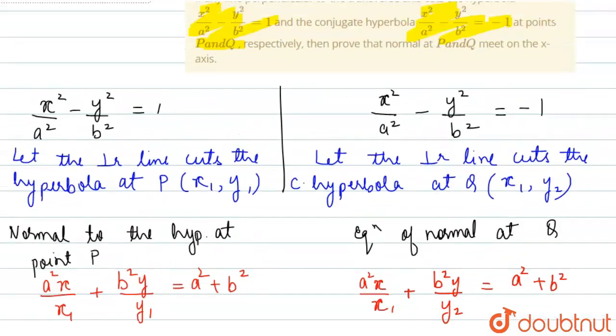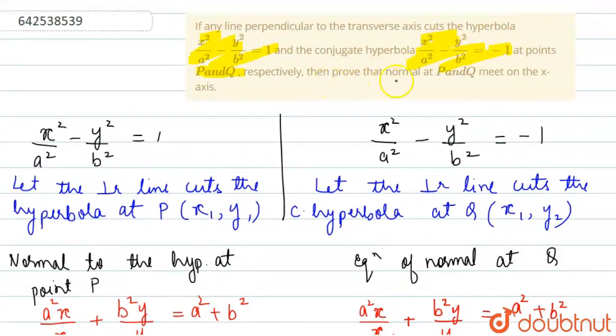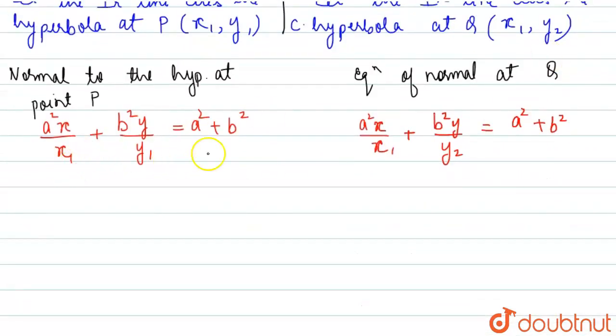Now we have to prove that the normals at P and Q meet on the x-axis. So these are the equations of the normals, and we have to prove that they meet on the x-axis. Let us consider that they meet at the x-axis.